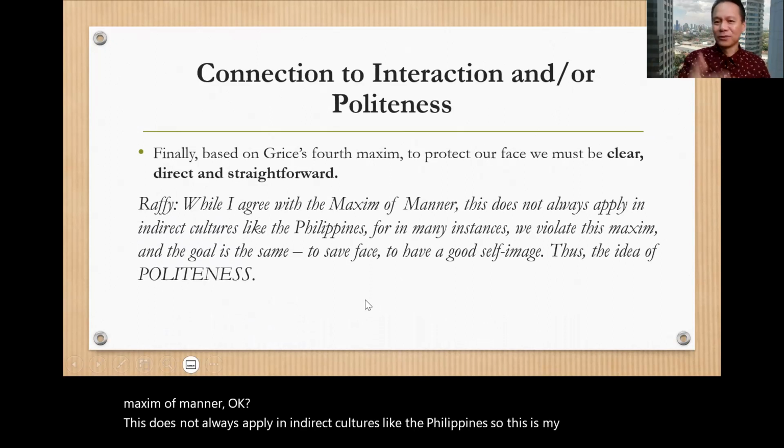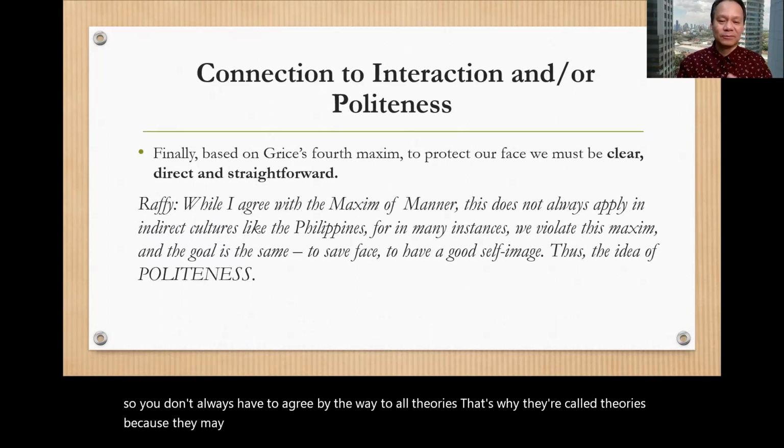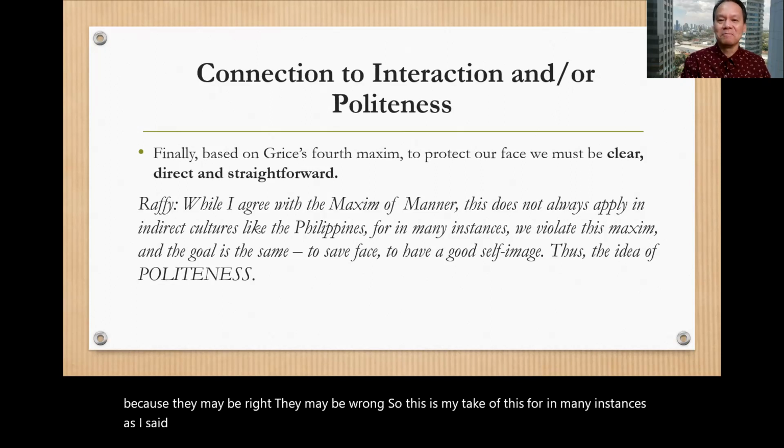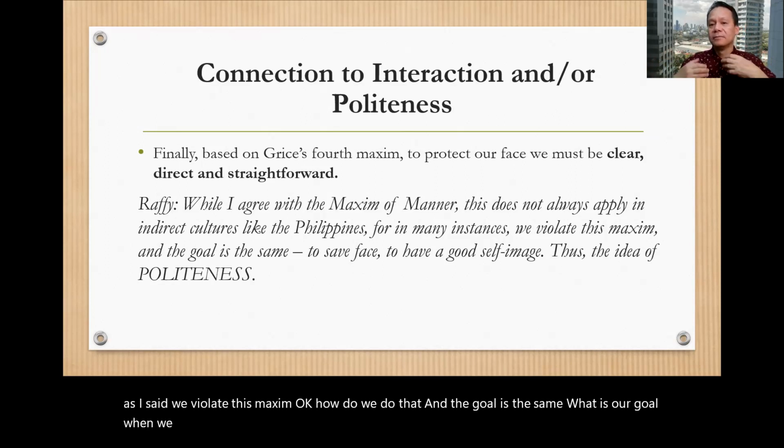So you don't always have to agree, by the way, to all theories. That's why they're called theories, because they may be right, they may be wrong. So this is my take of this. In many instances, as I said, we violate this maxim. How do we do that? And the goal is the same. What is our goal? We want to tell the truth.